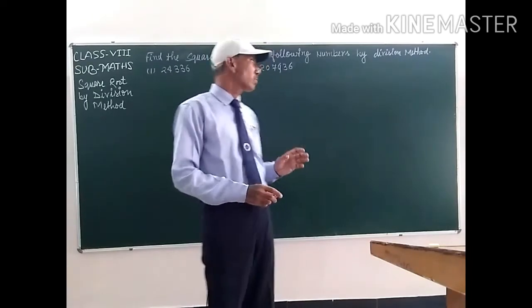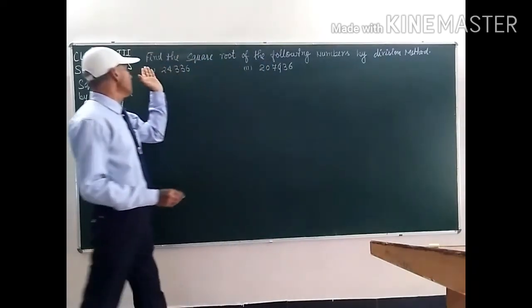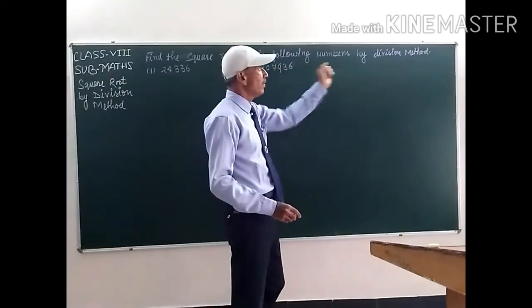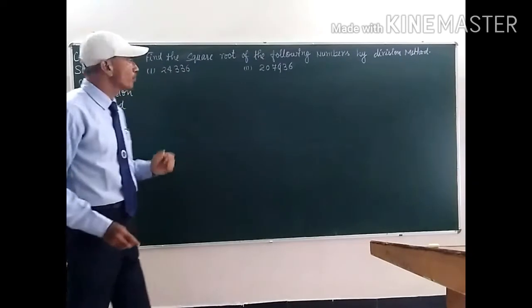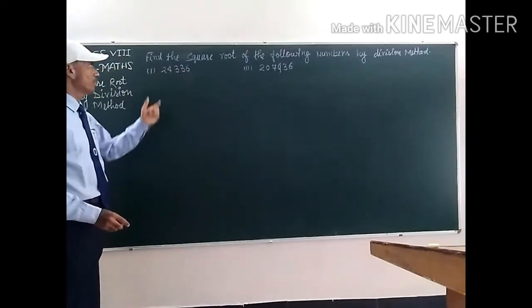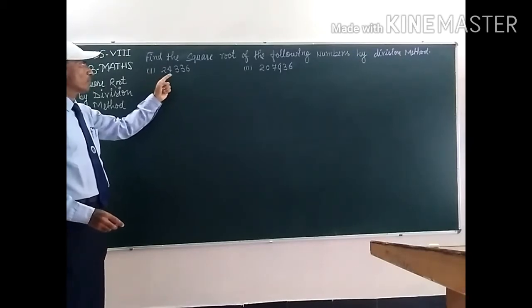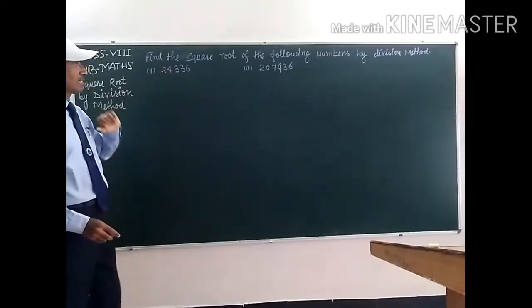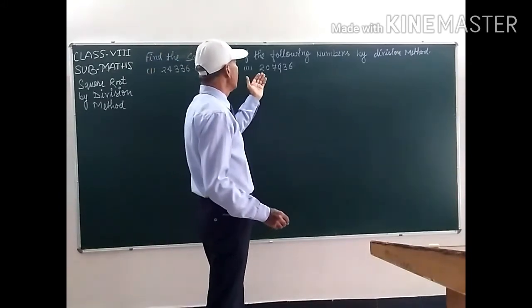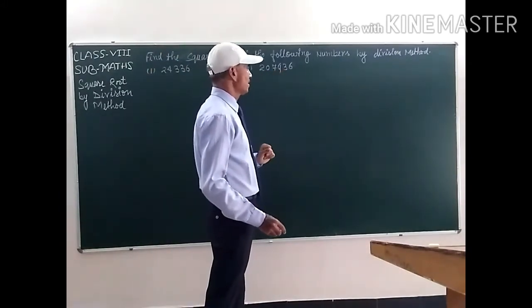Okay, students? So here is a question: find the square root of the following numbers by division method. The first number is a 5-digit number, 24,336, and another number is 207,936.